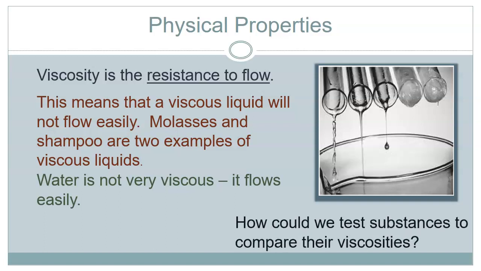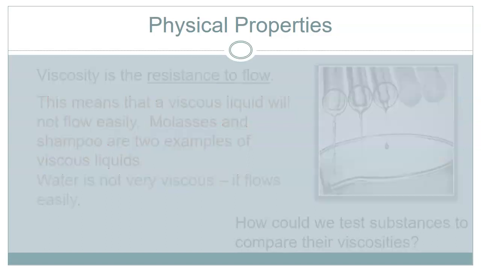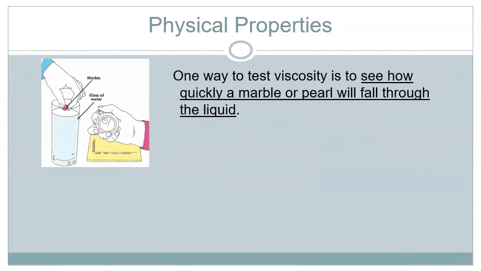So how could we test substances to be able to compare their viscosities? Well, we can test viscosity a couple of different ways. We can drop something into a substance to see how quickly it will fall through the liquid. You could use a marble or maybe a small pearl or a bead.